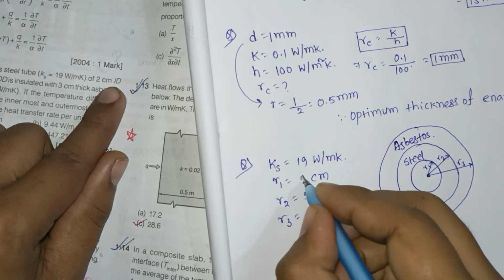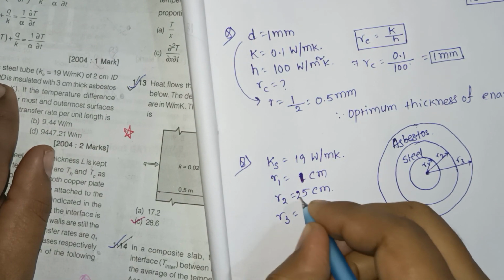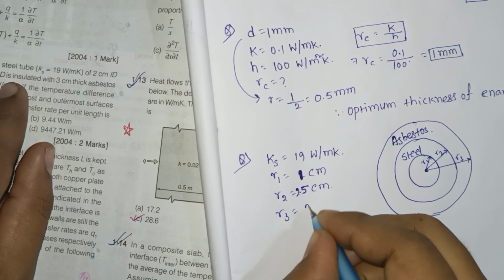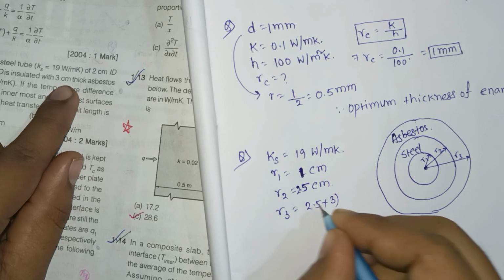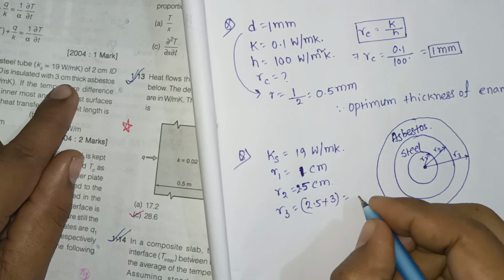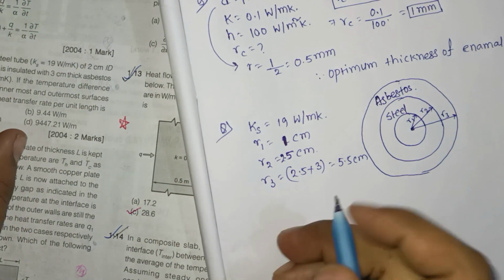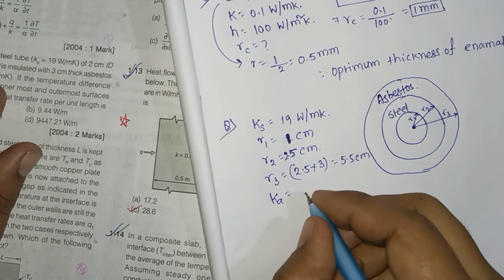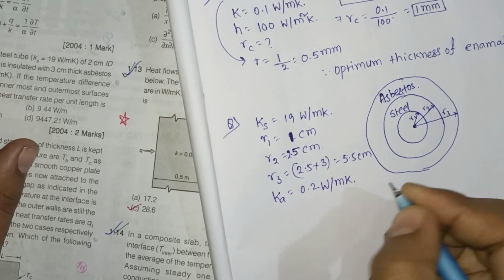That is 1 centimeter and 2.5 centimeter, and then 2.5 plus 3 centimeter, that is 5.5 centimeter. Okay, and K of asbestos is given, that is equal to 0.2 watt per meter Kelvin.